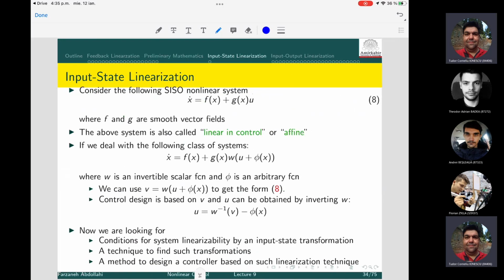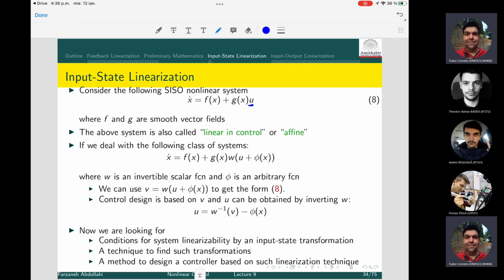And now we try to apply these notions to feedback linearization. So we have the following single input, single output nonlinear system: x dot is f(x) plus g(x)u, where f and g are smooth vector fields. This is an affine in the input system.